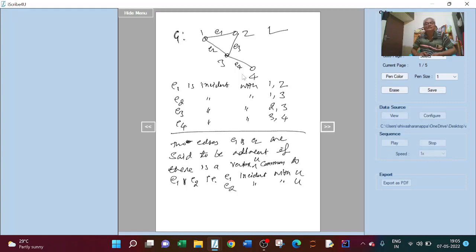Okay, so this is adjacency of the edges. In this example, E1, E2 adjacent, E1, E3 adjacent, E2, E3, E4 adjacent, but E1 and E4 are not adjacent, right? This is about the adjacency of the edges.